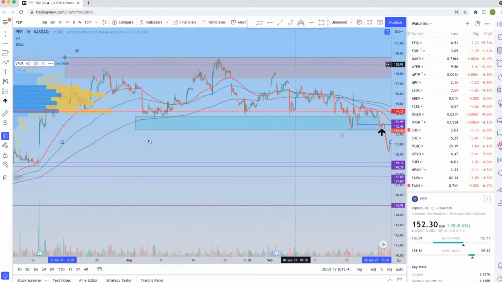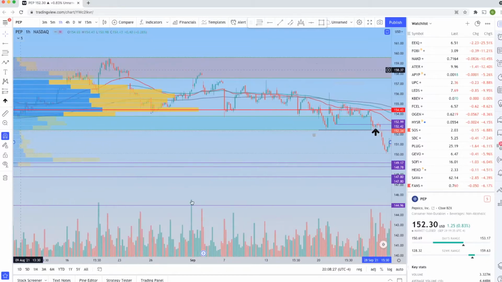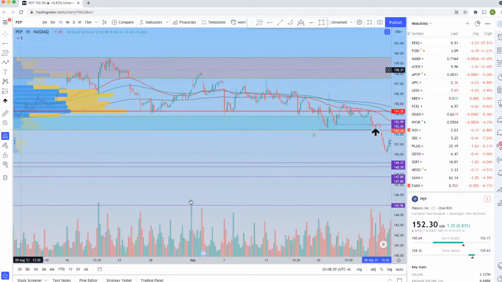Basically what it does is show you quickly the volumes per price, because you do have your volumes at the bottom here, but that gives you the volume per time frame, let's say per hour, per minute, whatever.